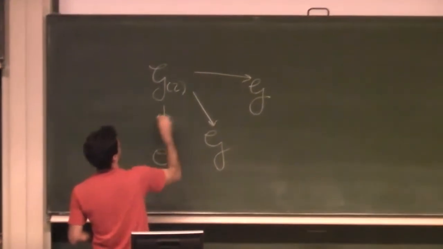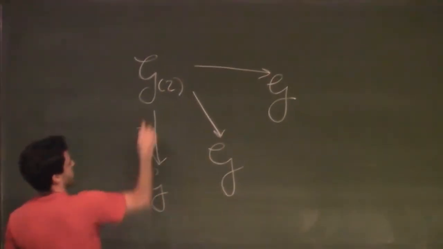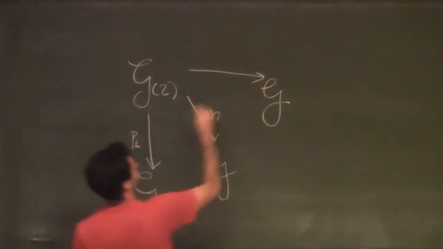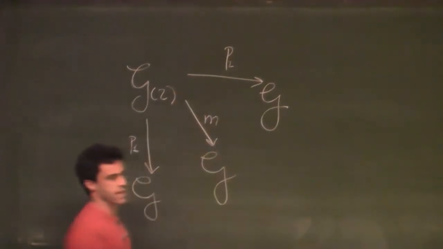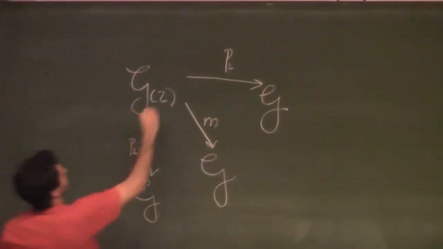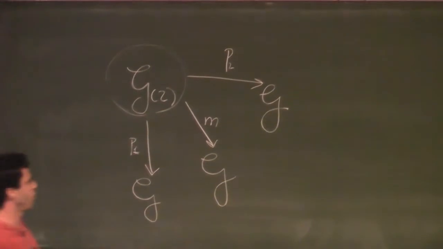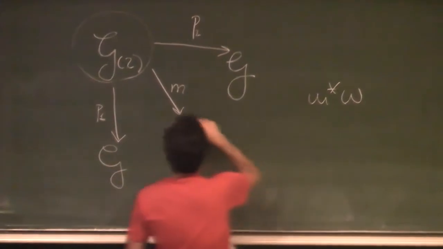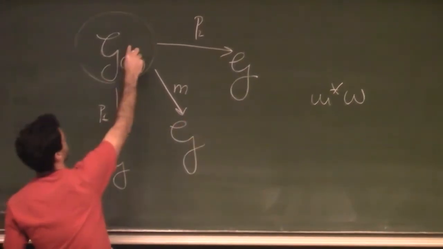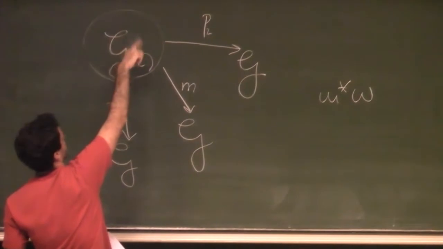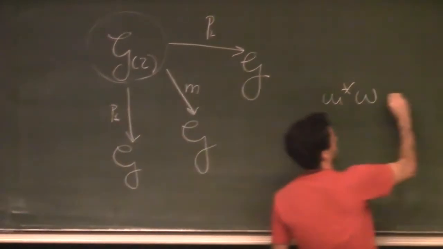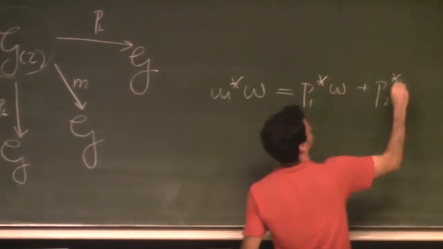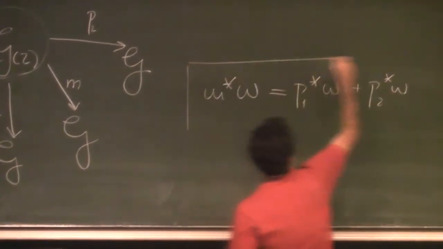You can project onto the first factor, you can multiply the two because they are composable, or you can project onto the second factor. This is really an equation on the composable pairs. So I pull back the form omega through the multiplication to this submanifold of the Cartesian product of G and G, and you should have this equality. I'll talk more about this equation later on.